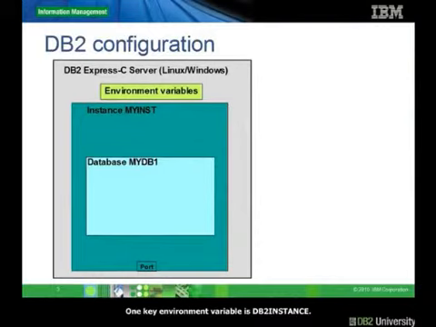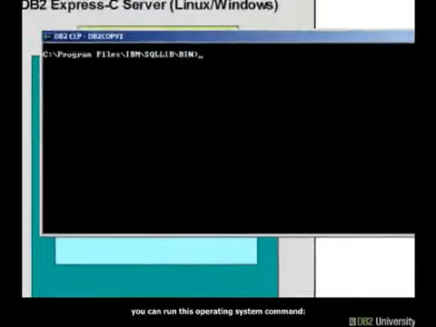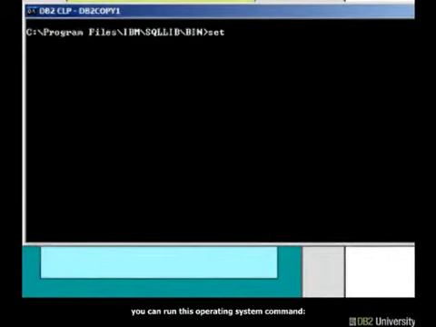One key environment variable is DB2INSTANCE. This variable indicates the active instance you are working on and for which your DB2 commands would apply. For example, to set the active instance to myinst in Windows, you can run this operating system command, set db2instance=myinst.